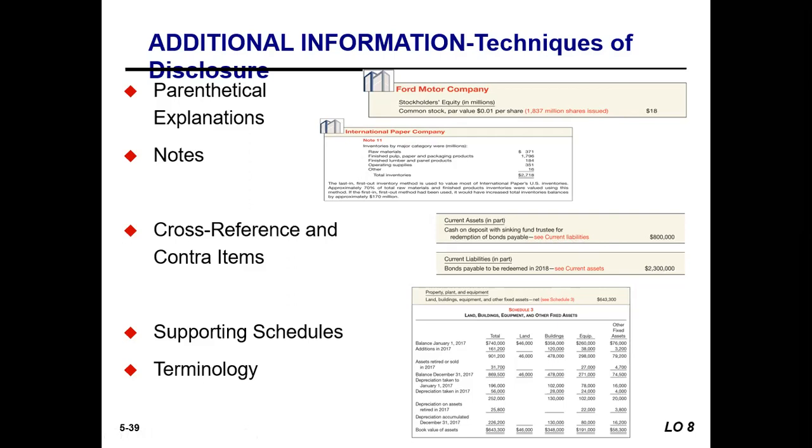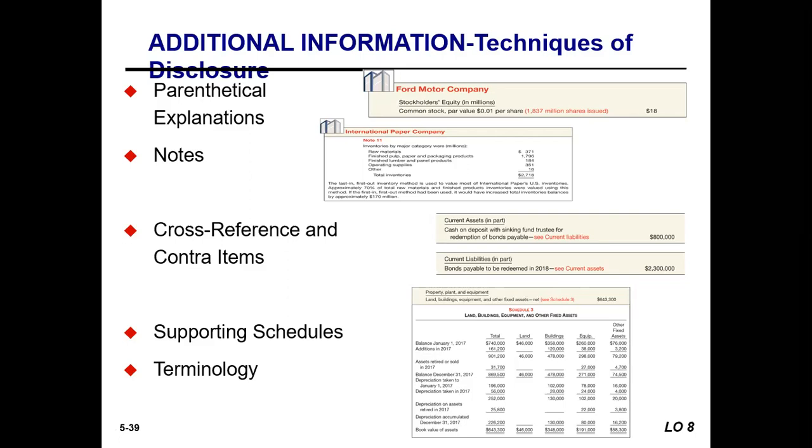Allowance for doubtful accounts is a contra asset account. So the contra items are the accounts that are opposite to their main account. So like, we take equipment, which is the main asset account, less accumulated depreciation. Accumulated depreciation is that contra asset account, contra item. Or accounts receivable. We take accounts receivable less the allowance for doubtful accounts. So that's the contra item.